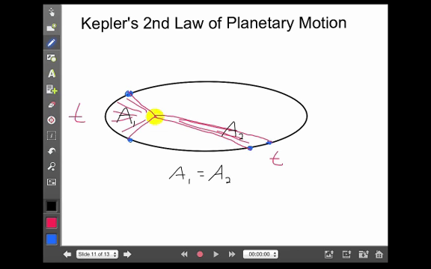Now you might think, well, what's the big deal? Well, one, it does help to verify both the elliptical orbit and the fact that the speed changes based on that distance. And then it also has something to do with a law called conservation of angular momentum, something that's a little bigger in rotational mechanics. To give you a better look at that, let's look at another sort of simulation.